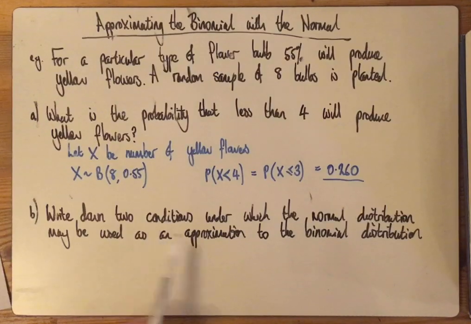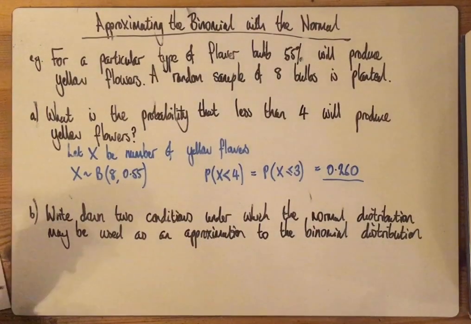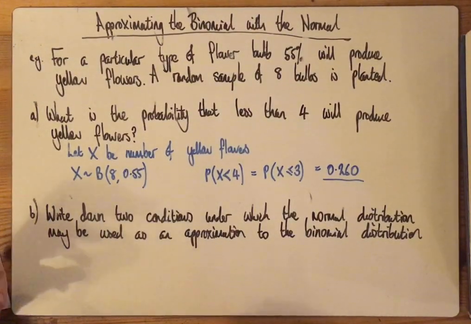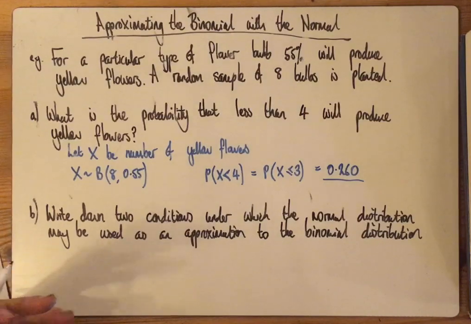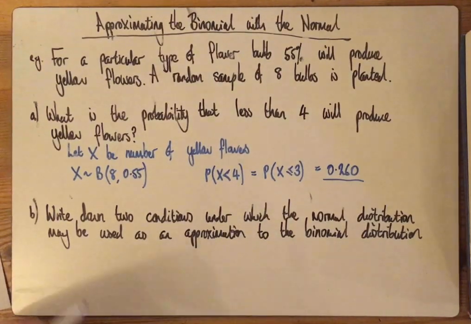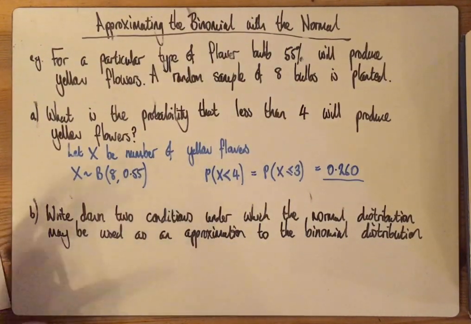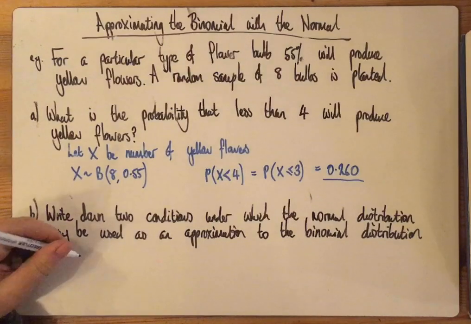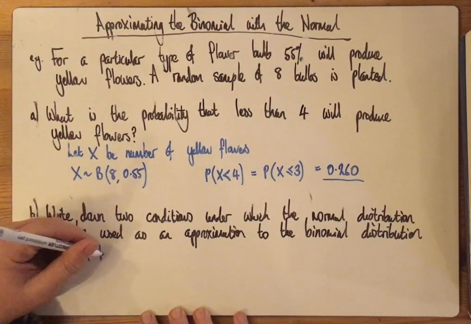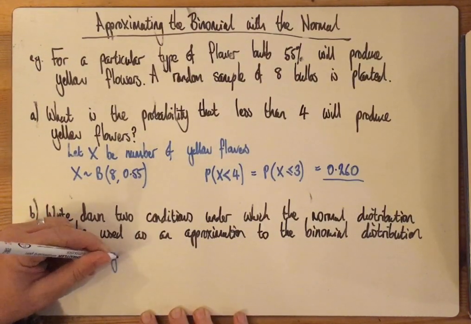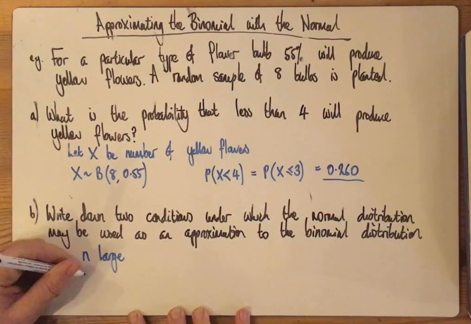Write down 2 conditions under which the normal distribution may be used as an approximation to the binomial distribution. So the 2 things you're expected to write for A-level maths, there's different ways of doing this. If you look them up, you can use n times p and n times the variance and make sure they're both over 10. But anyway, for A-level maths, the 2 conditions you're looking for is n large. And if it is one of these, it's going to be quite obvious.